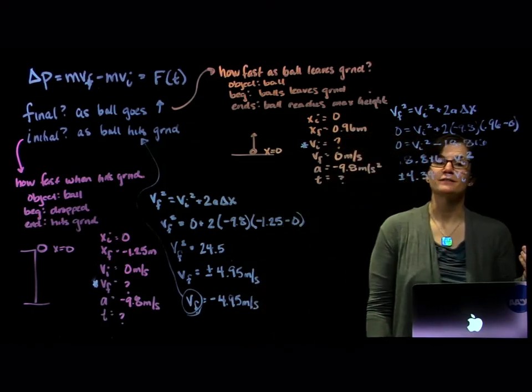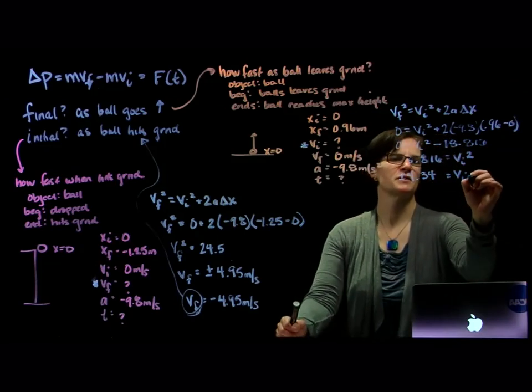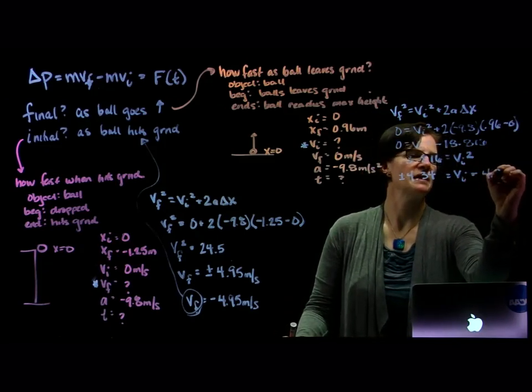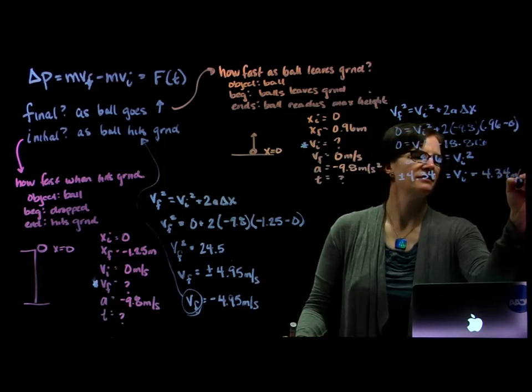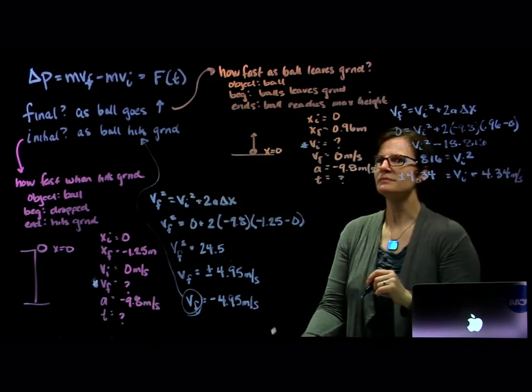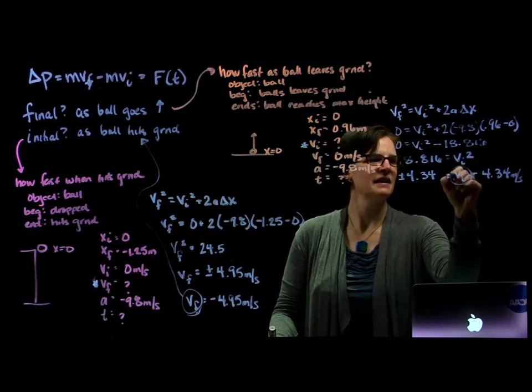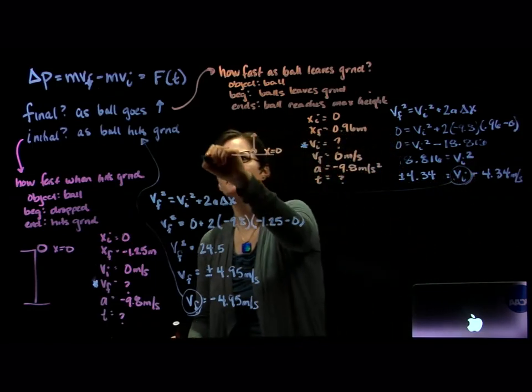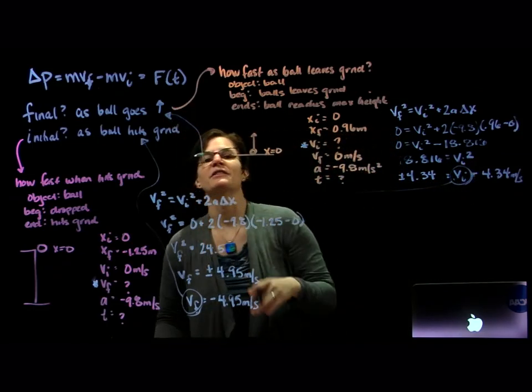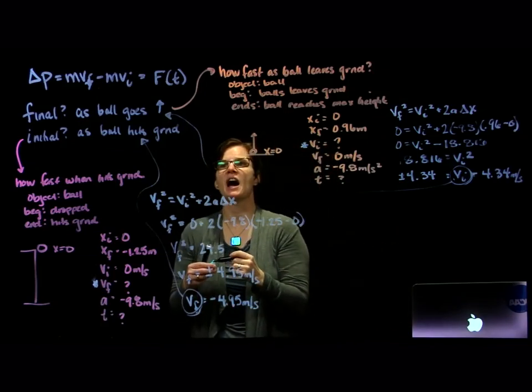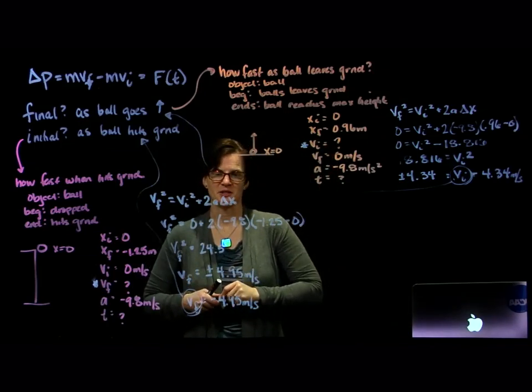Is it positive or negative? Well, the ball's traveling up. So we know that V initial is going to be the positive value. All right, keeping in mind, this value is representing V final in our impulse relationship.